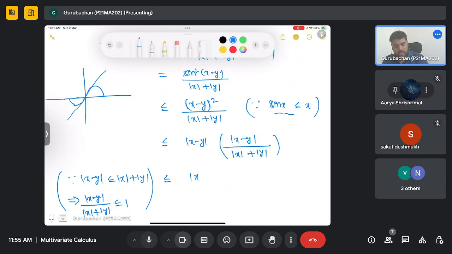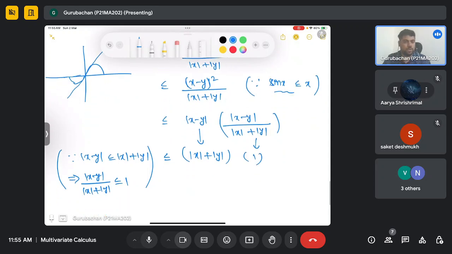And this quantity can be broken into this one particular one, and this one will be less than or equal to 1. So I have replaced both of them. I have applied triangle inequality twice, you can see that.